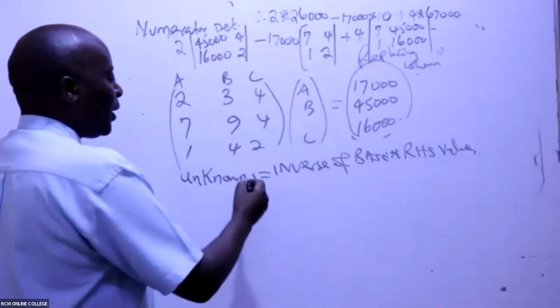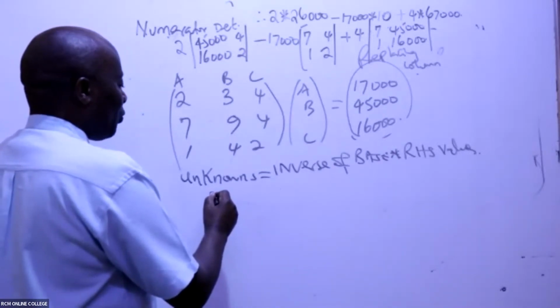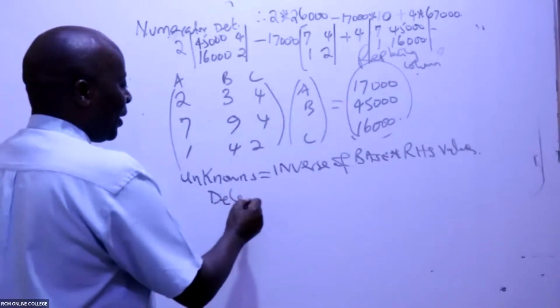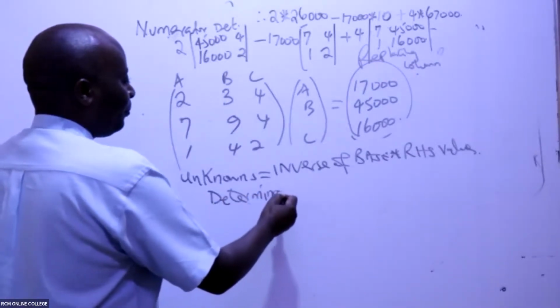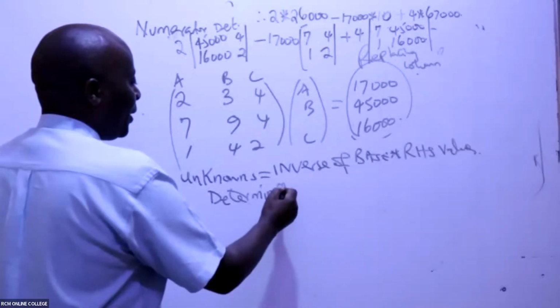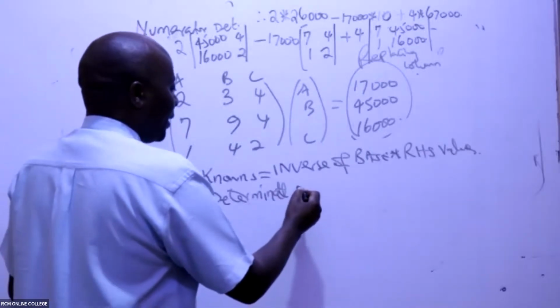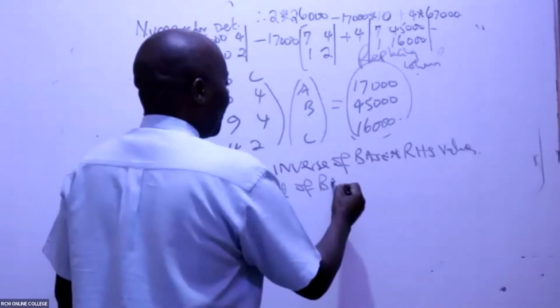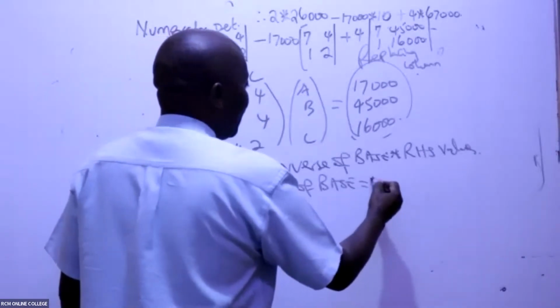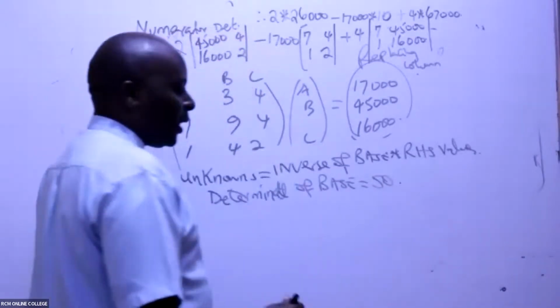To get the inverse of the base, first of all, give us the determinant of the base. I believe all of us are in agreement. It is 50, isn't it?